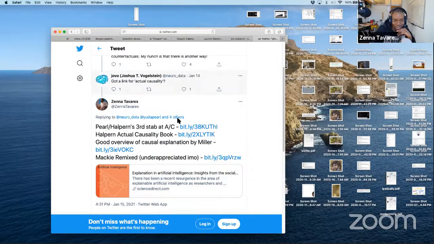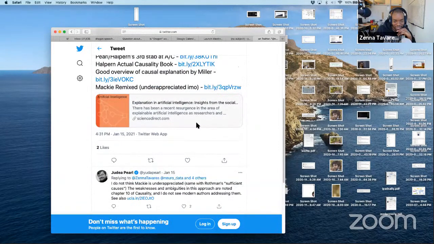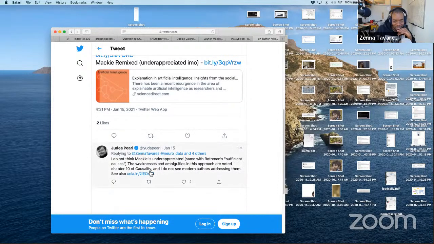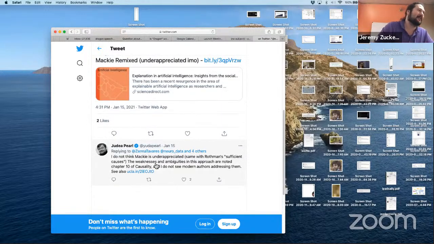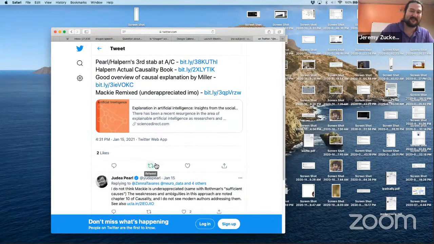I said I think Mackie is underappreciated. Pearl says, I do not think Mackie is underappreciated. Same with Rothman's sufficient causes. The weaknesses and ambiguities in the approach are noted in chapter 10 of Causality, and I do not see modern authors addressing them. So he's saying that Mackie Remix does not really address the issue he raised in chapter 10.